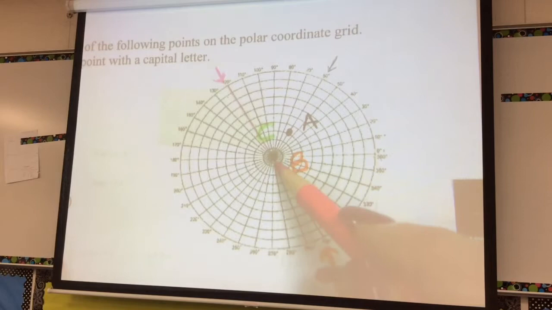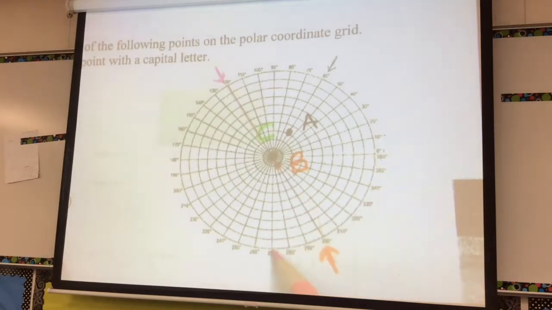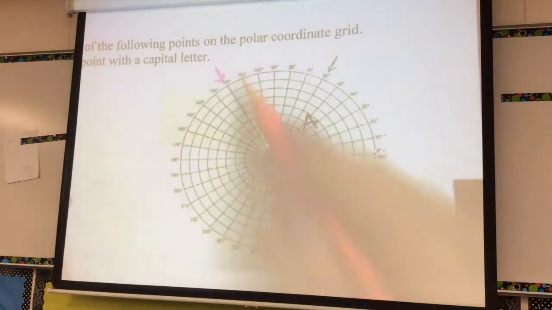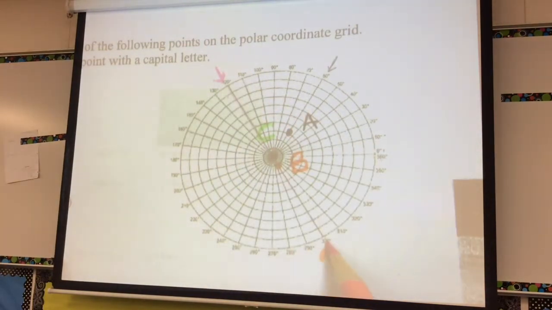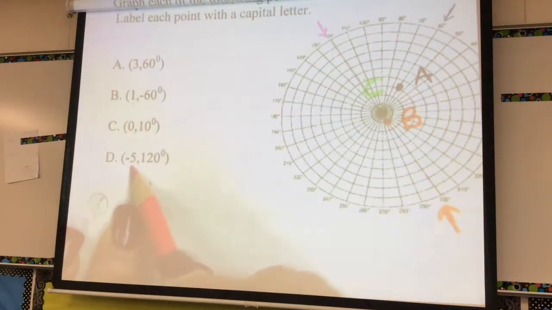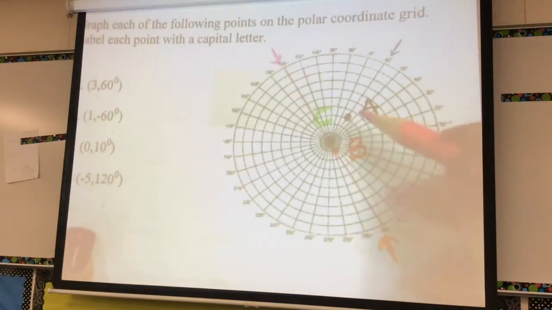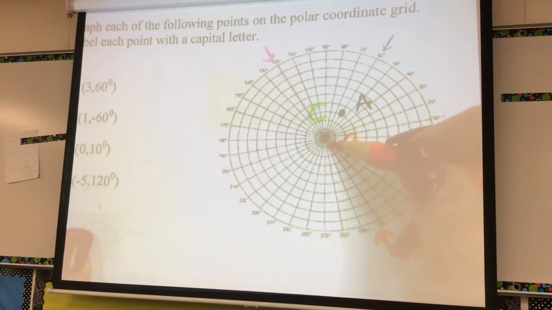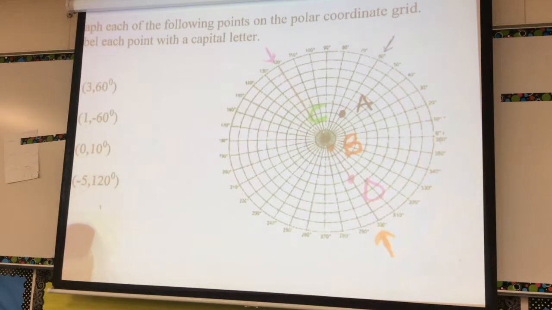I'm going to look at straight down, kind of like a southward motion. I'd veer off 30 to the right. I'd be on the same line. I'd be at 300. But I'm going to come a full 5 circles away from the pole. So this one's easier to see. So 1, 2, 3, 4, 5 circles is letter D.